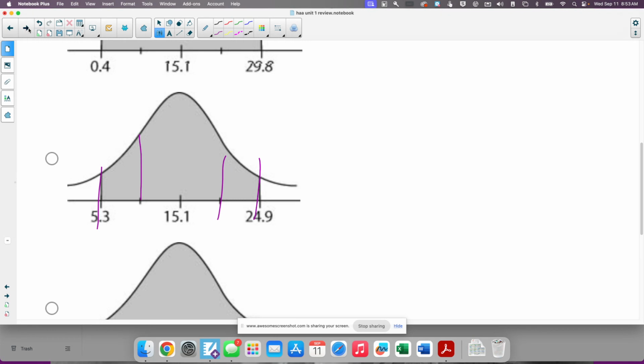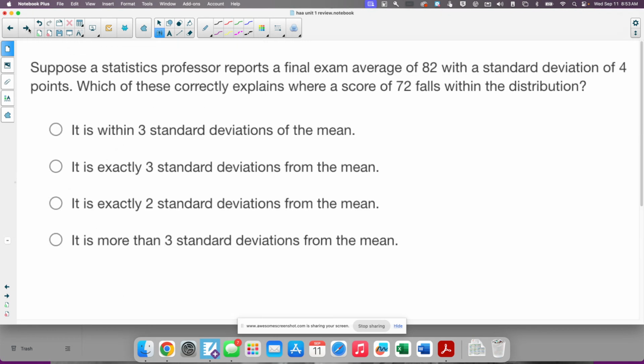All right. So, okay, a professor has a final average of an 82 on their test, standard deviation of 4. Where does 72 fall? So again, if you need the visual, 82, and I'm not even going to bother going above because the score of 72 is below the mean. So that would be 78, 74, and 70.